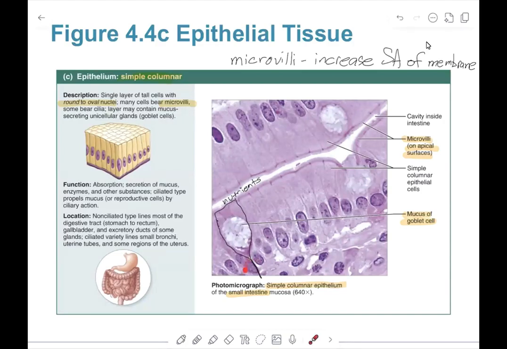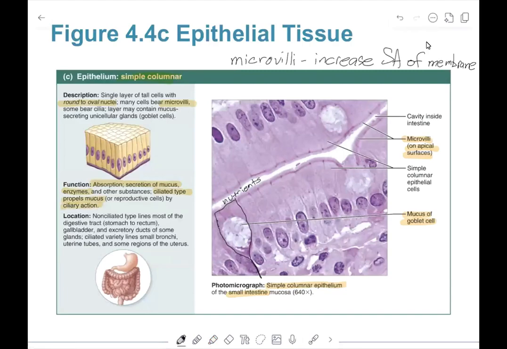So if this is your stem of the wine glass, this would be the goblet of the wine glass, and it secretes mucus. So the function of simple columnar epithelium is absorption and secretion of mucus, enzymes, and other substances, and the ciliated type is going to propel mucus by ciliary action.